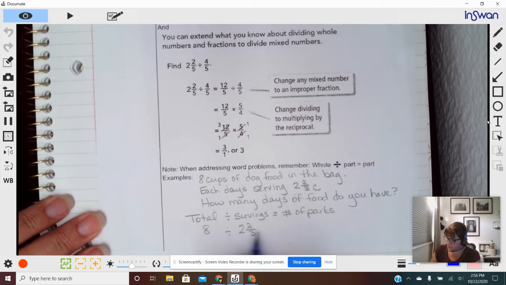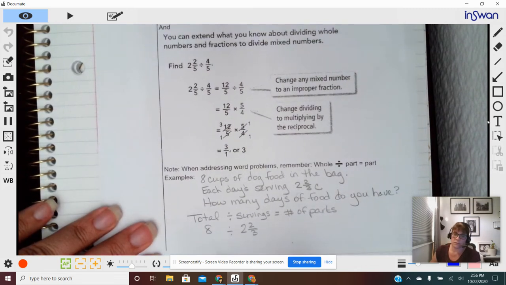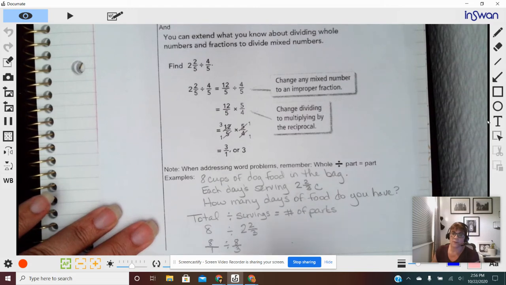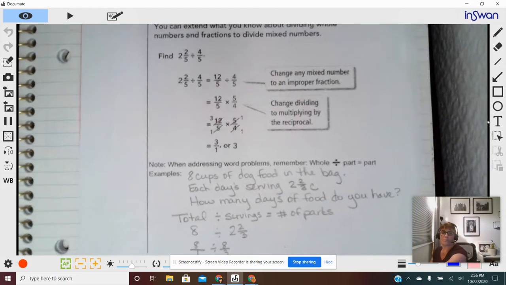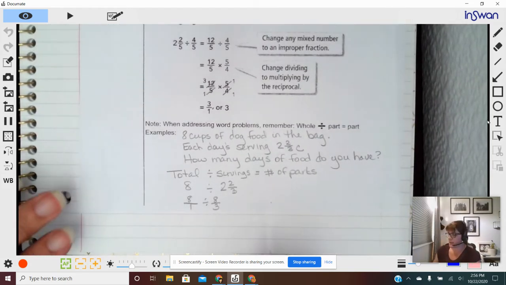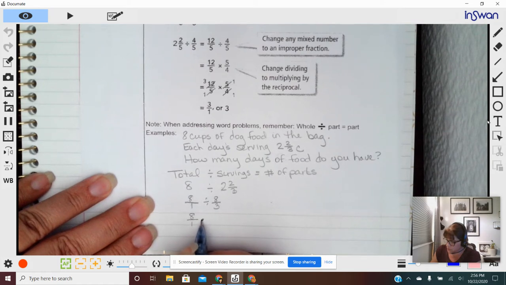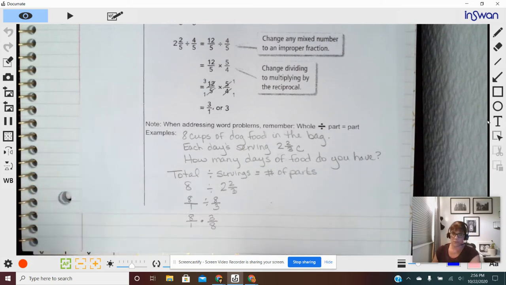So 8 divided by 2 2/3. Well, that's the same as 8/1 divided by 8/3. 3 times 2 is 6, plus 2, that's 8. Okay. So I'm going to keep, switch to multiply, flip the second guy, right?